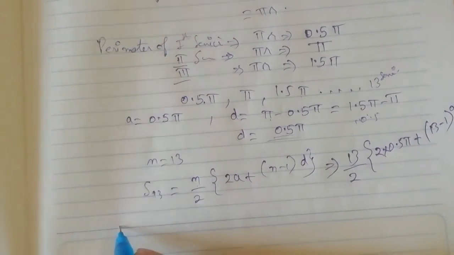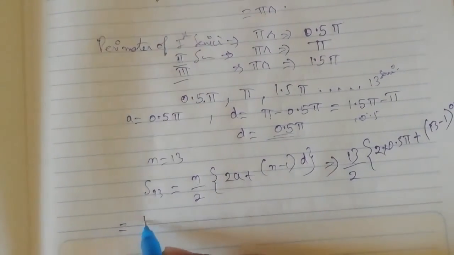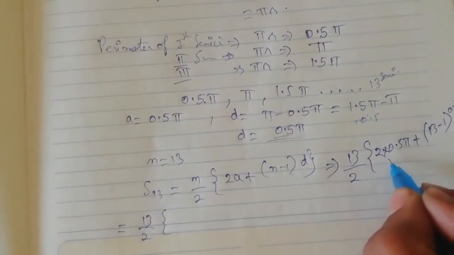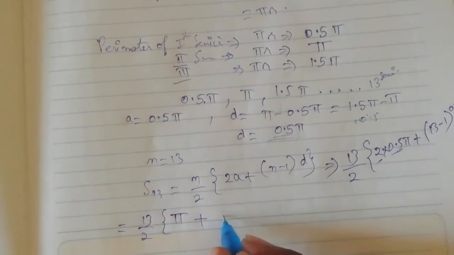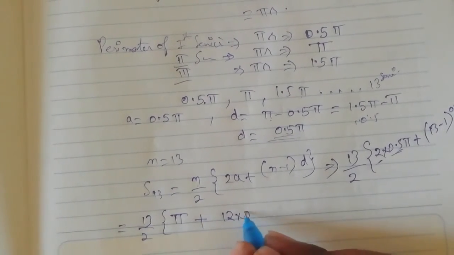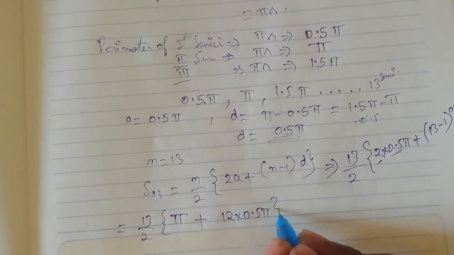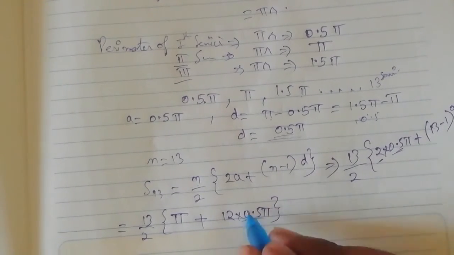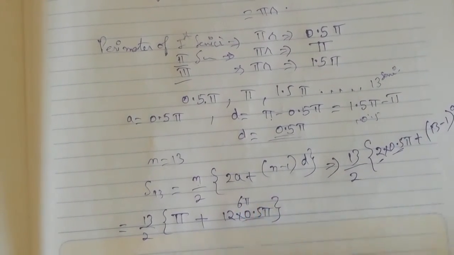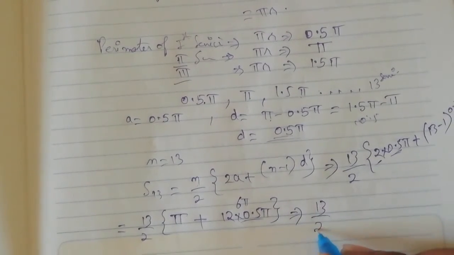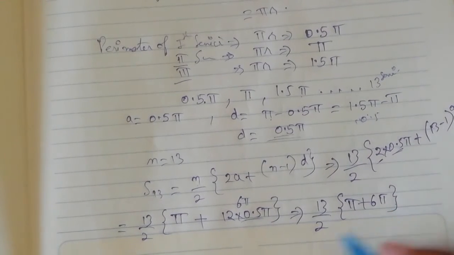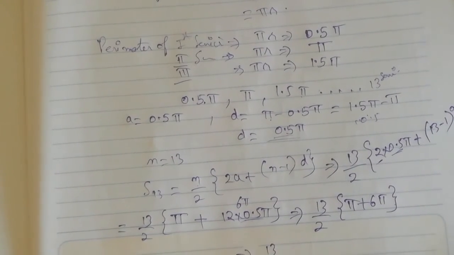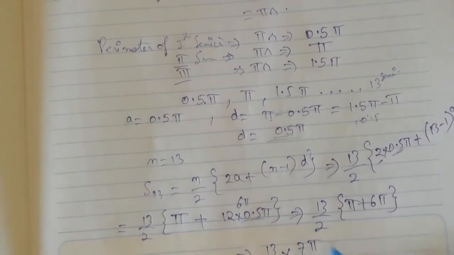Now 0.5 into 2 is 1, so here it is pi plus 13 minus 1 is 12 into 0.5 pi. Here 12 into 0.5 is nothing but 6 pi. So from here we have 13 by 2 into pi plus 6 pi, so 13 by 2 into 7 pi.